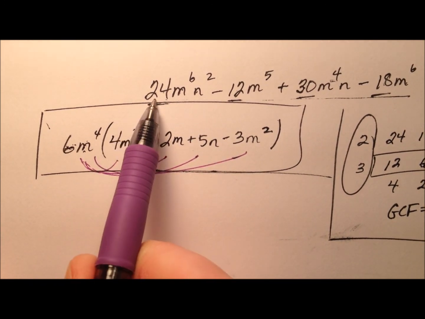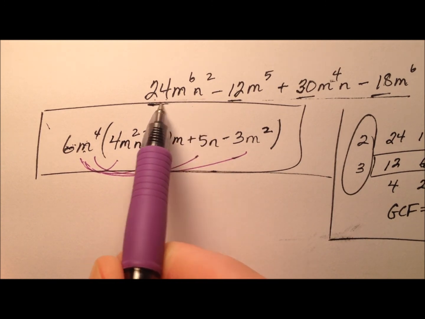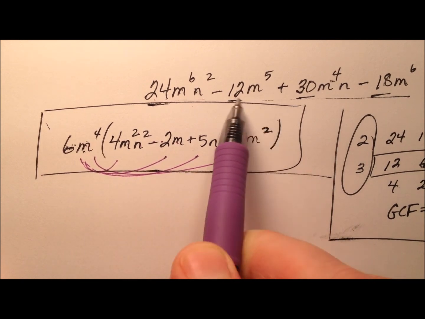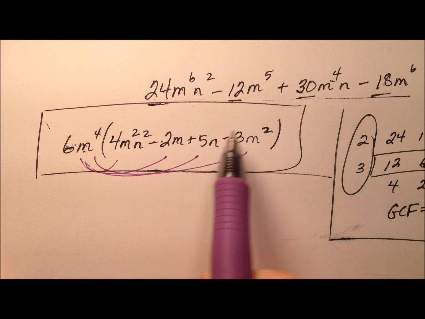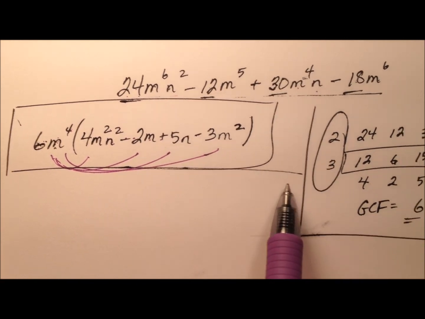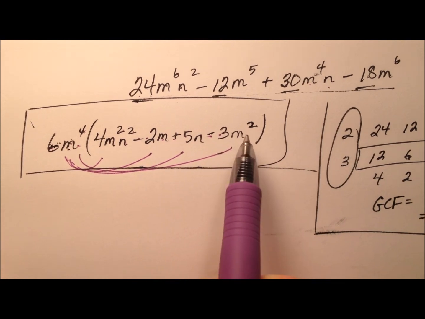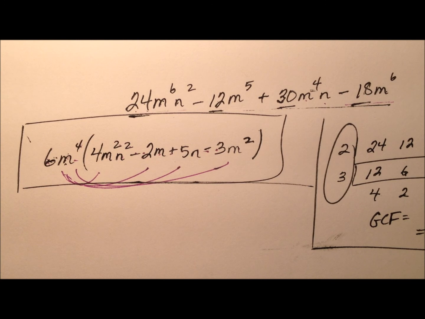So 6 times 4 is 24, m to the 6th n squared, which that's the first term, minus 12 m to the 5th, and that's this term, plus 30 m to the 4th n, and finally negative 18 m to the 6th, which is the last term there. So there's kind of an introduction to factoring algebraic expressions using the greatest common factor.